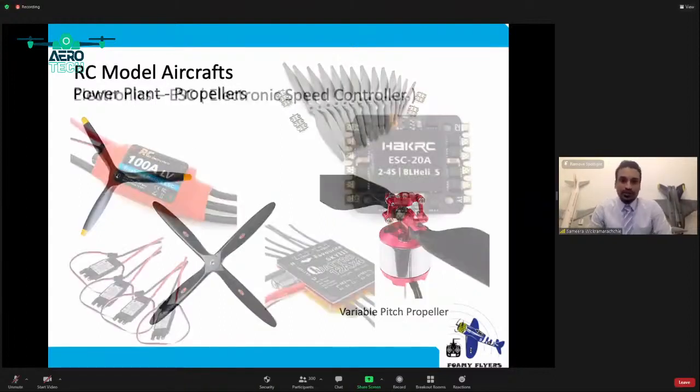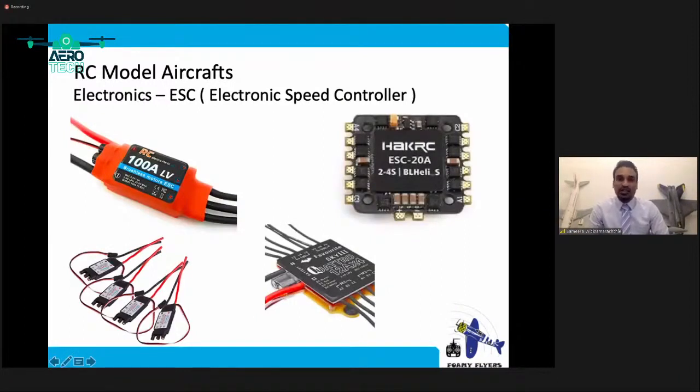Right. We'll talk about the electronic speed controllers. That's one of the main things which powers this particular aircraft. When you say power, you would think, okay, you put a motor, you put the battery, and then you fly. That's not how it's going to work.